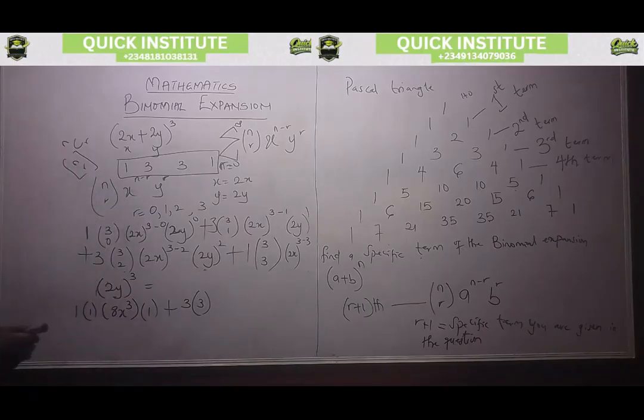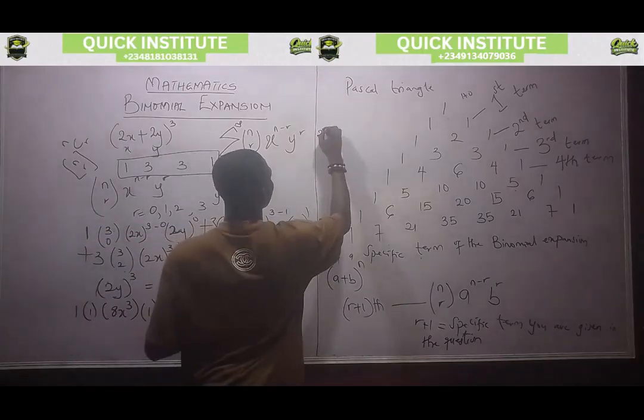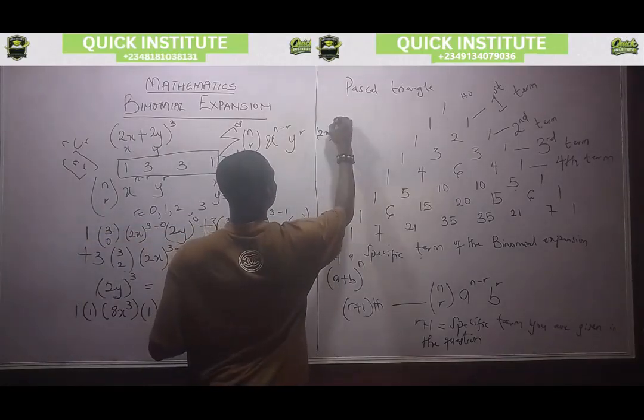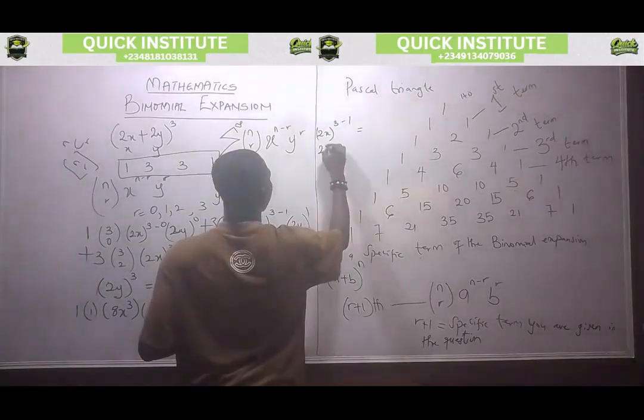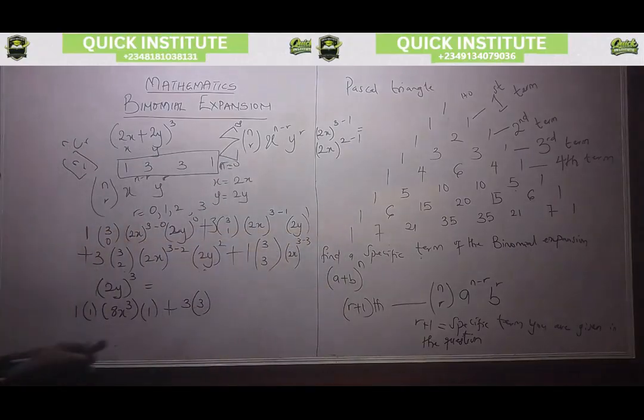And if you have 2x to the power 3 minus 1, it is the same as 2x to the power 2 minus 1.